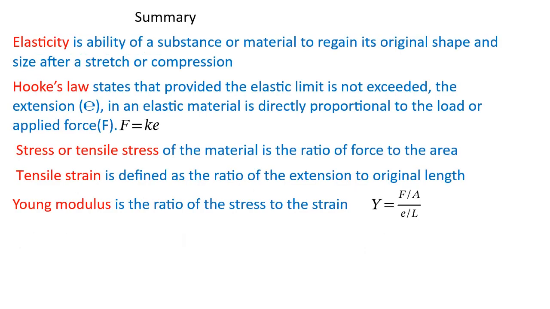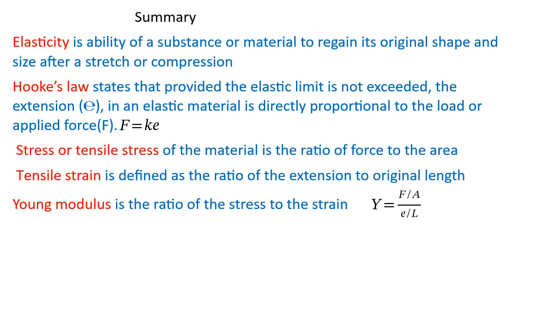Now, summary. To remind you of what we have done today, elasticity is the ability of the substance or the elastic material to regain its original size and shape after a stretch or a compression. Such materials that are able to regain the original length and shape are called elastic material, and the ability is elasticity.